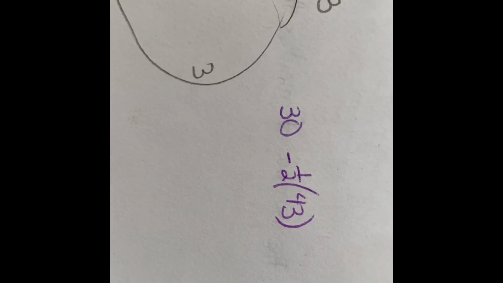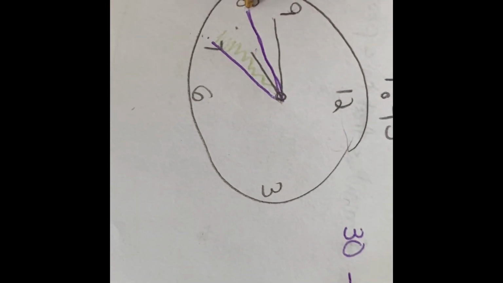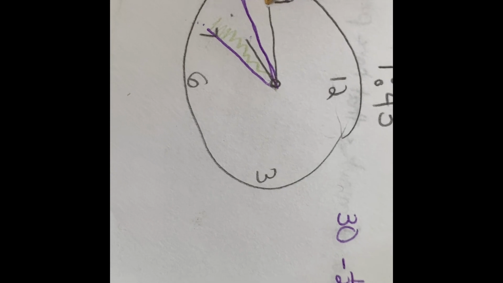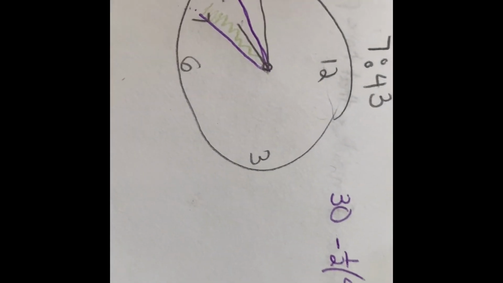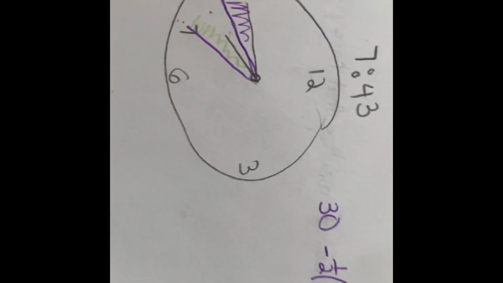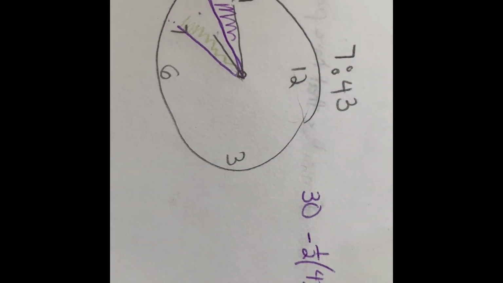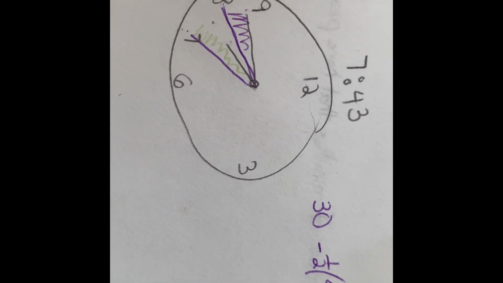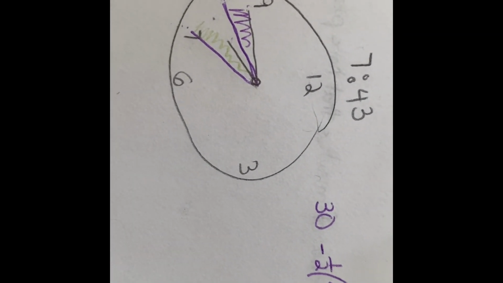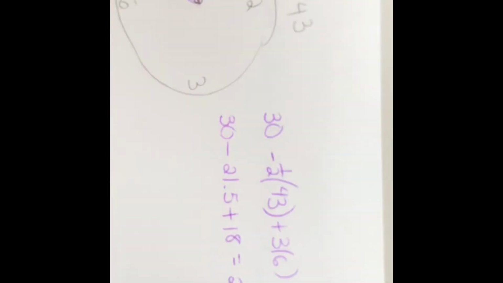And now we look at the number of minutes that are between my angle and out here. So when I look at that, I say, okay, from 40 to 43, 3 minutes have passed. So I'm going to have to be adding the 6 degrees for each one of those minutes onto this equation. So 3 times the 6 is going to give me that 18. Half of 43 is 21.5. Plus my 18 gives me an angle of the 26.5 degrees.